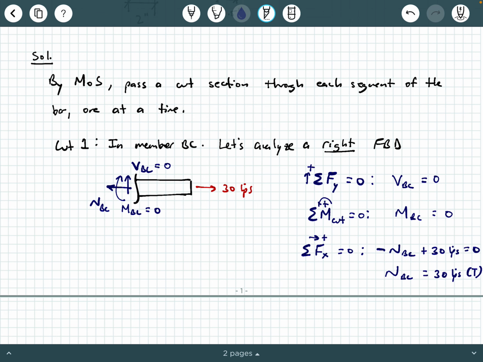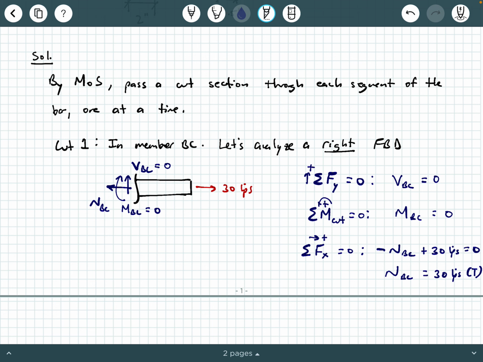Now, you might be wondering, well, wait a second, Dr. A, you just said NBC is pointing to the left, so there's a negative sign here, right? I did, but remember, I said there's two sign conventions happening here. One of them has to do with left being negative and right being positive, and that's reflected by this little notation above the summation, okay?